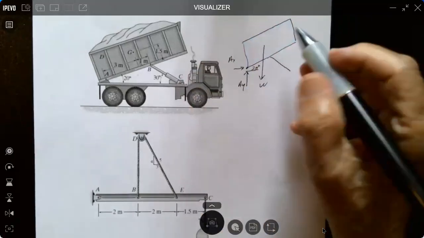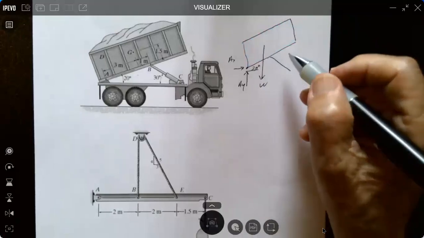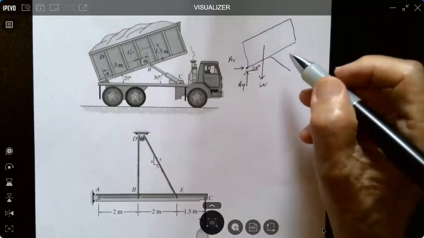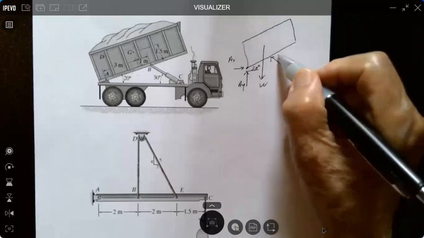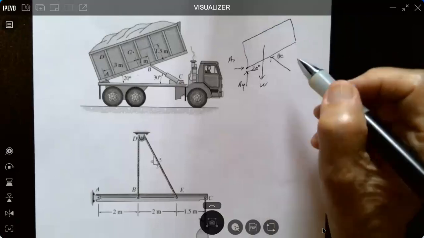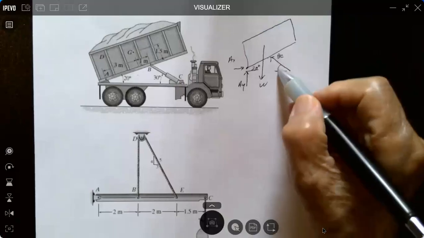Okay. And that's labeled BC. So compression, BC. And this angle down here, BC, is 30 degrees.